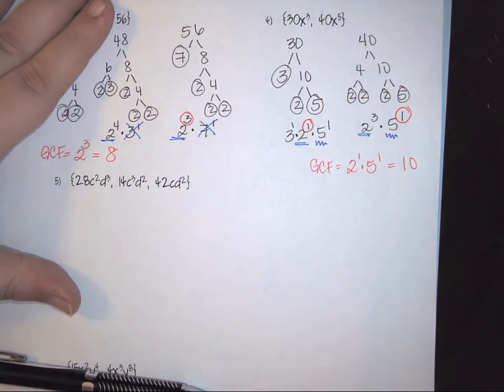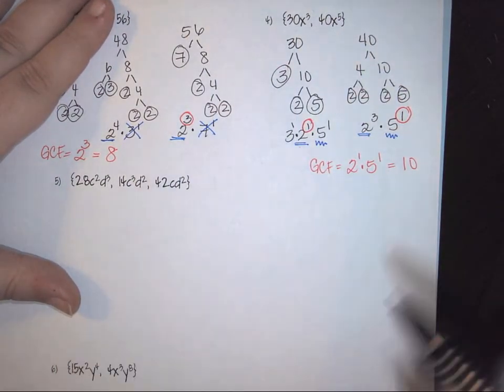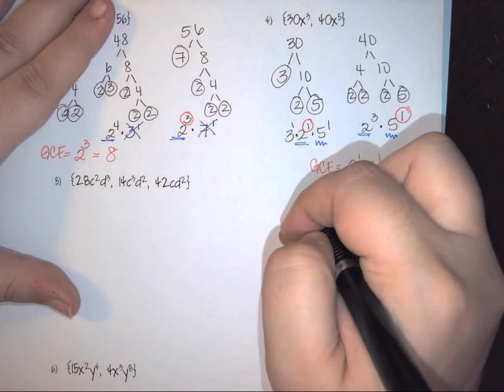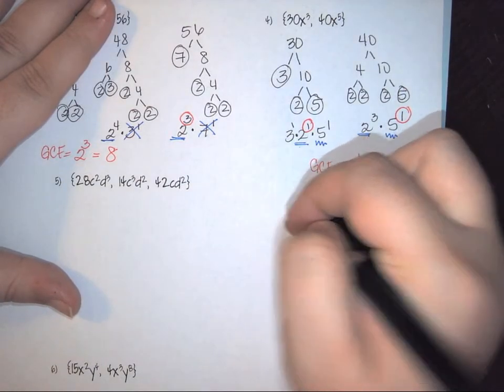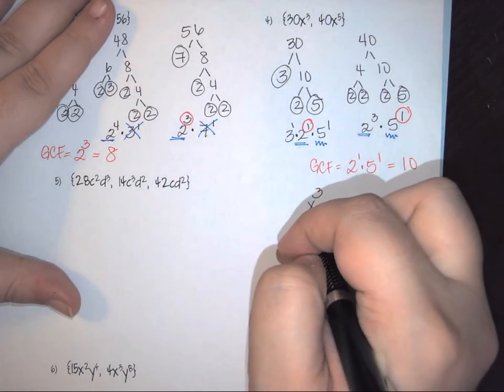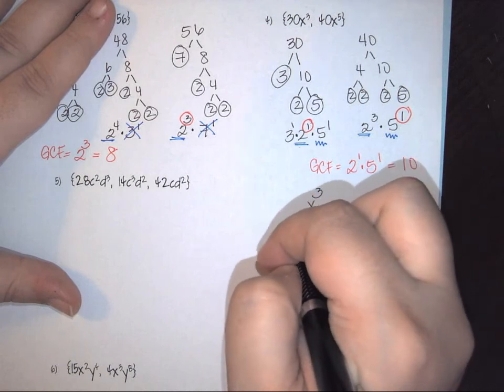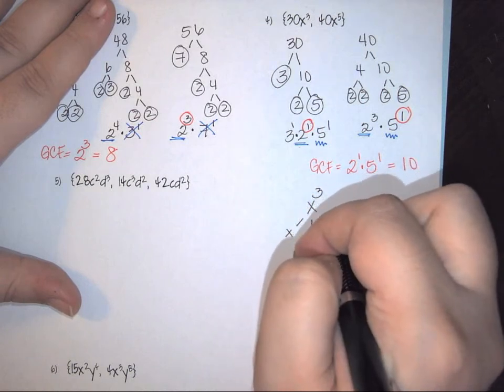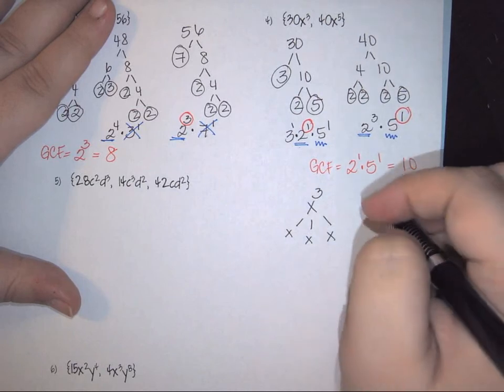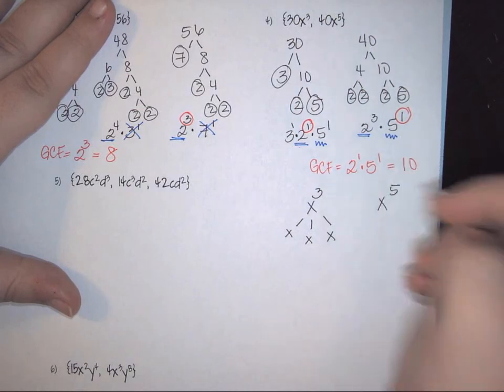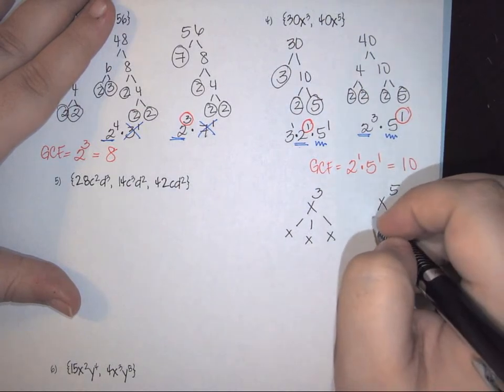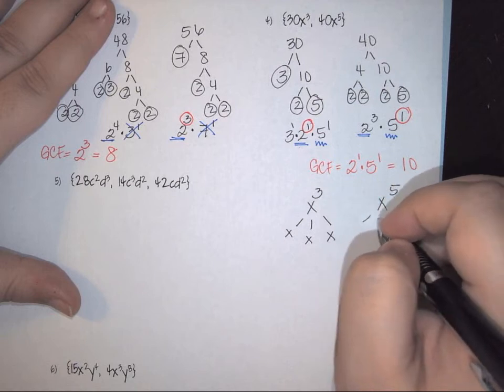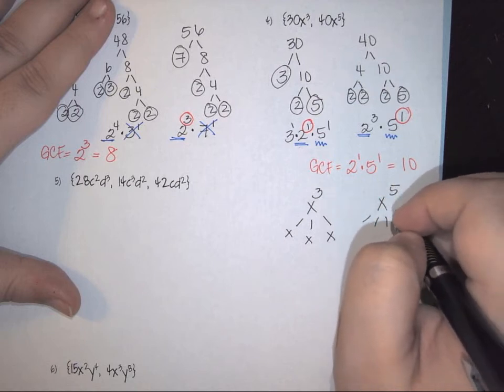Now, I also have to break down or look at what I have in terms of my variables. So I have x to the 3rd, which is the same as thinking about x times x times x. And then I have x to the 5th, which is again 1, 2, 3, 4, 5.